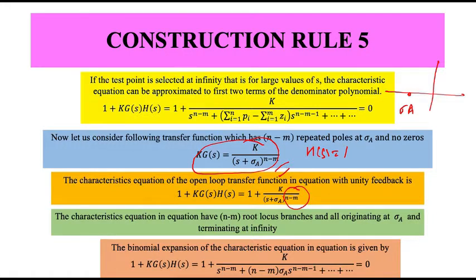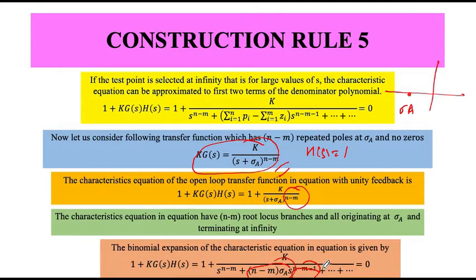So if I just substitute this formula directly into the summation of all the poles, how many poles are there? n minus m of the poles are there at sigma a. So therefore the second term would simply be sigma a times n minus m. These are the sum of all the values of s^(n-m-1) and so on.